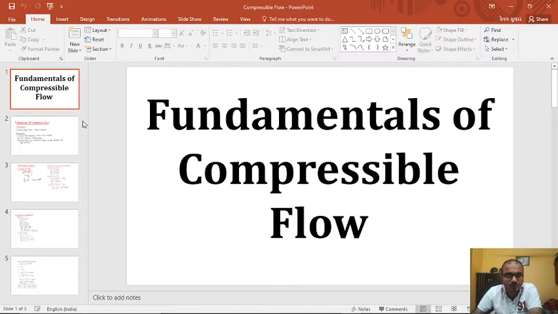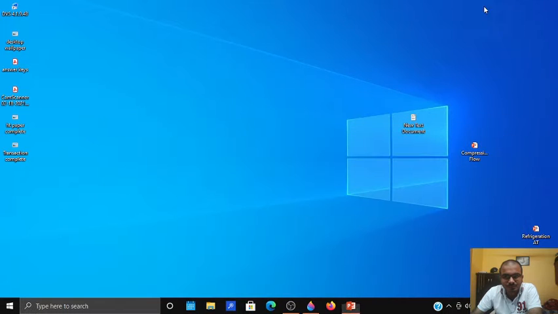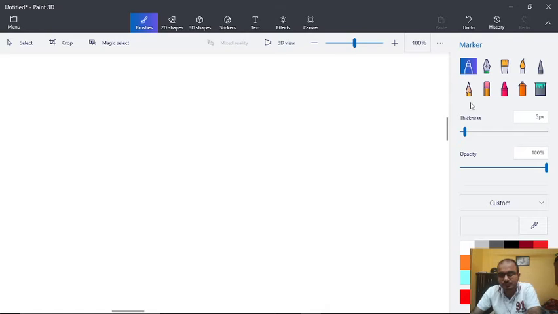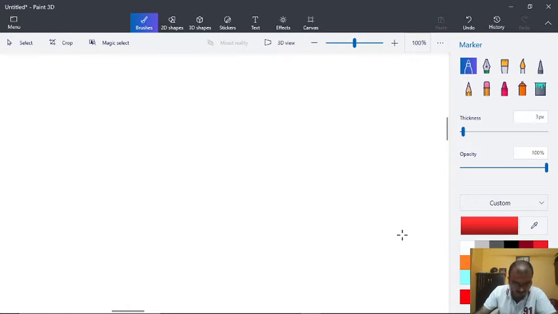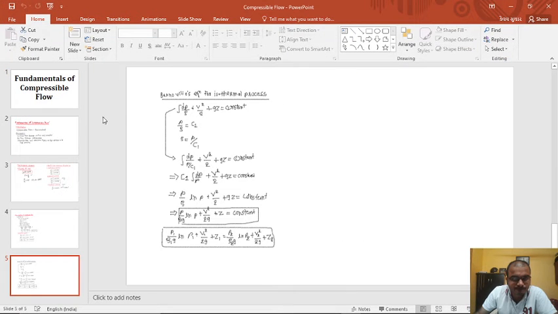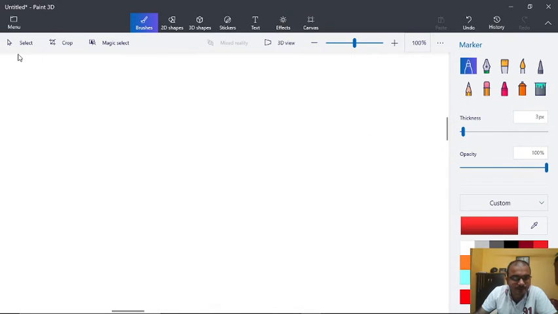Now we will move forward with our new topic. This was the Bernoulli's equation for isothermal process, and now we will derive Bernoulli's equation for adiabatic process.